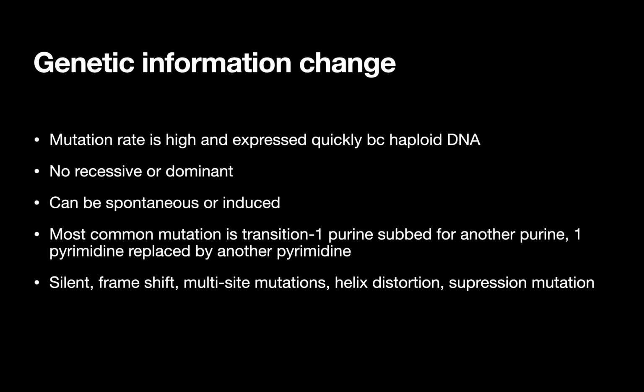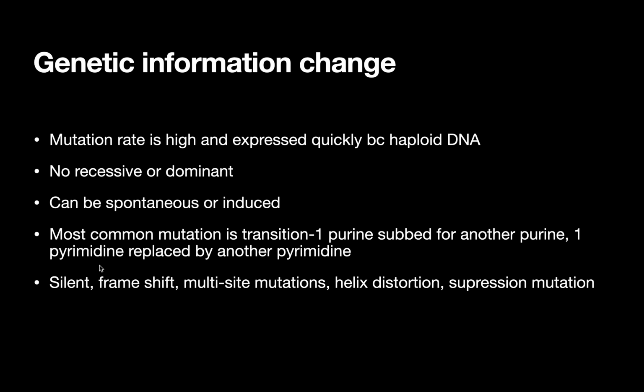Okay, so the genetic information of bacterium will change because the mutation rate is so high and expressed very quickly because of the haploid DNA. So there's no recessive or dominant mode of inheritance. Instead, there's no survival of the fittest, basically. The mutation is going to be spontaneous or induced.